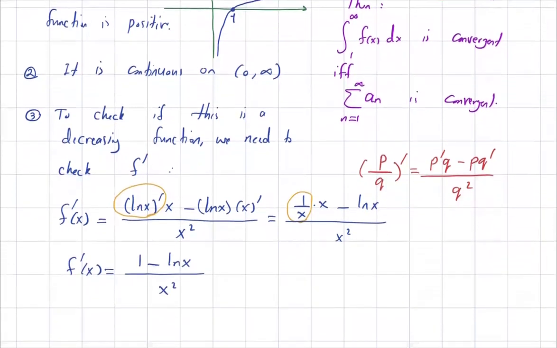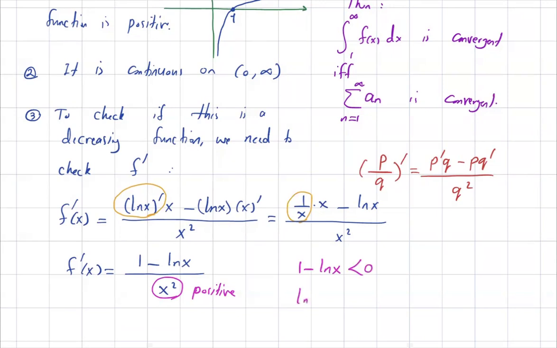Take a look at your denominator. The denominator is just positive. So the only thing that you need to check is 1 minus ln of x. Why is it going to be negative?